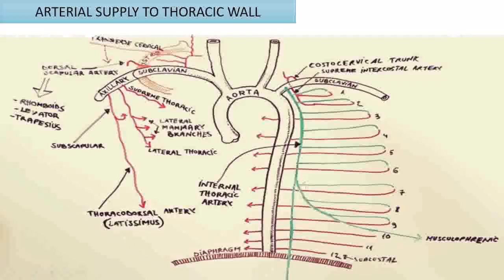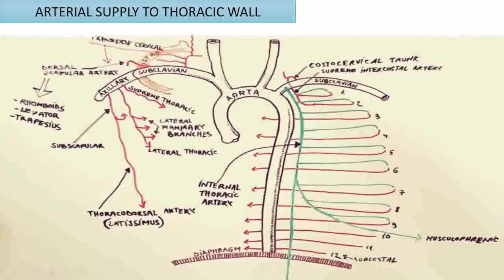At the 6th intercostal space, the internal thoracic artery is going to divide into 2. It's going to form a superior epigastric artery right here and a musculophrenic artery. The musculophrenic artery is the one that will provide anterior intercostal arteries 7, 8, and 9.